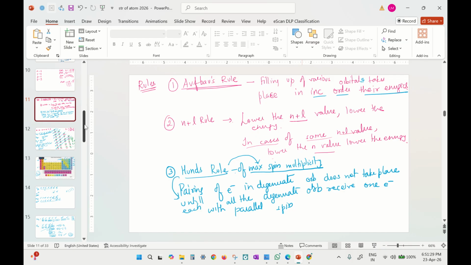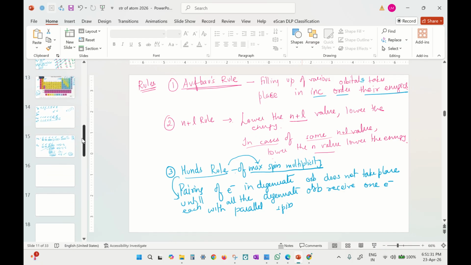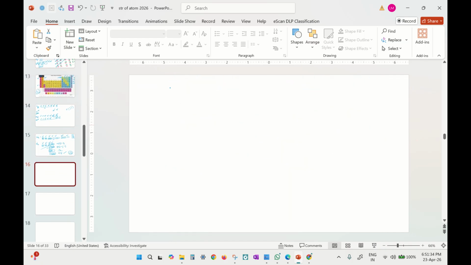Okay. That way, I can also write the electronic configuration of nitrogen as 1s2, 2s2, 2px1, 2py1, and 2pz1. Why? We know that when it is the p subshell, L is equal to 1, and the m values will be +1, 0, and -1.